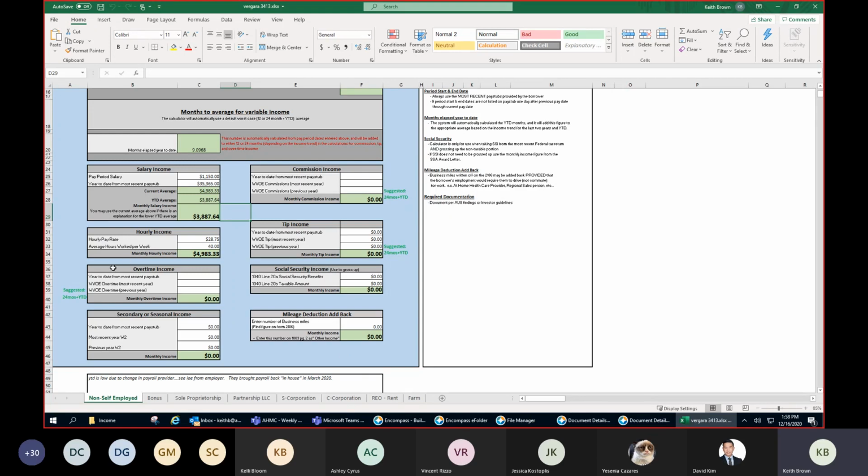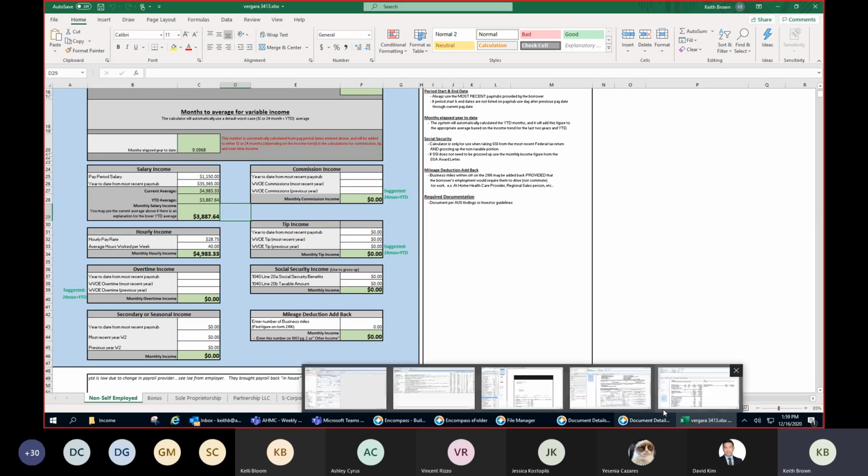I don't have to. I treat that person as a salary borrower, even though I know they get overtime and they're hourly, but I'm okay. I also will look, which I did on this, to see if the prior W-2 supports the current income, which it did.